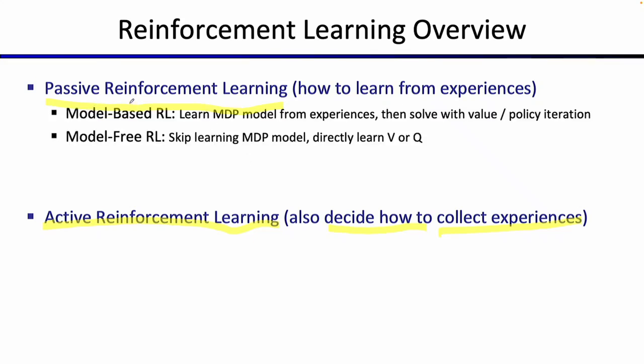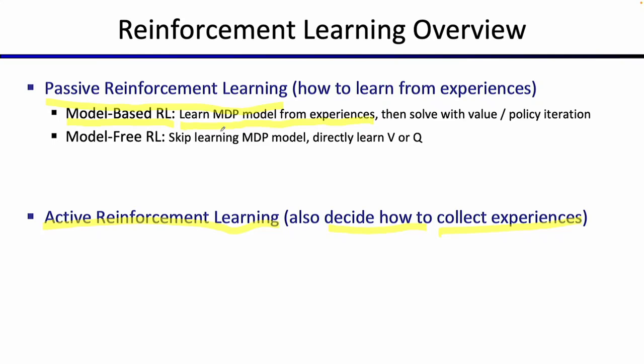Within passive reinforcement learning, we also looked at two classes of approaches. First, we looked at model-based reinforcement learning, which basically said: I'm going to try to learn my MDP, specifically my transition function and my reward function, from these experiences that I'm getting.